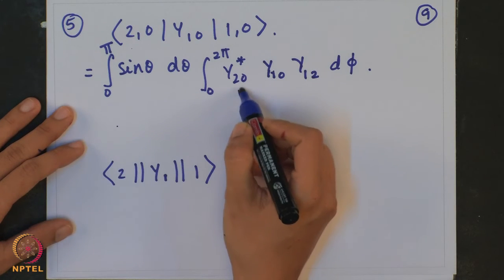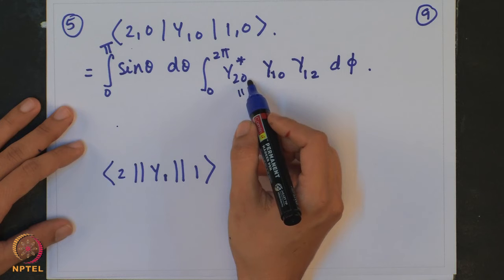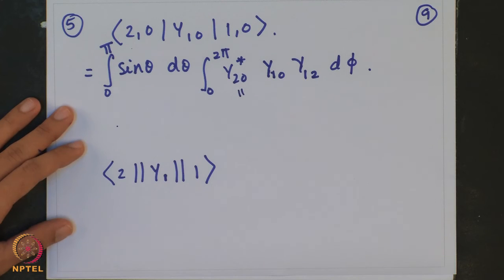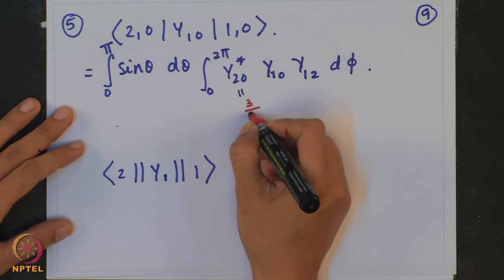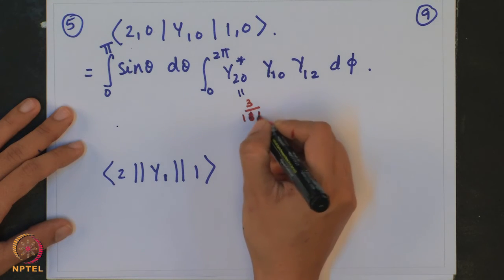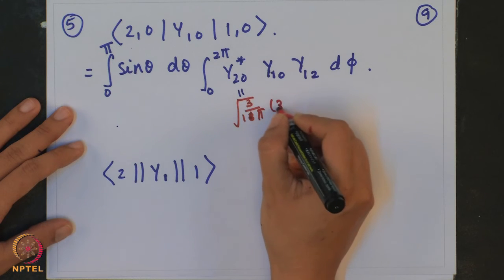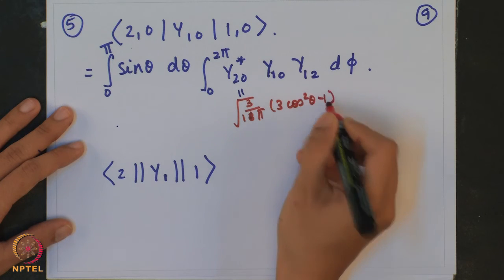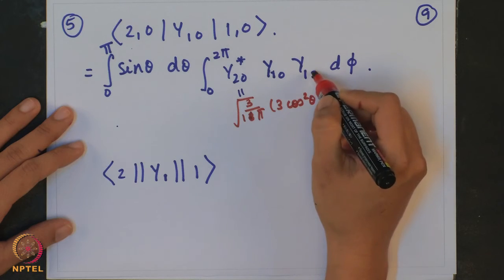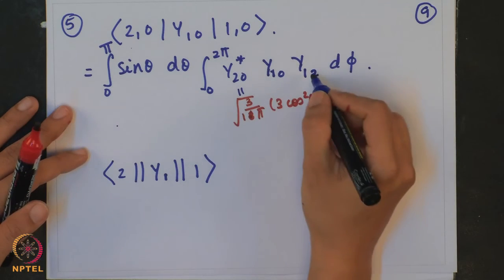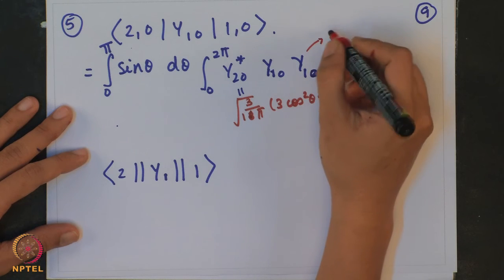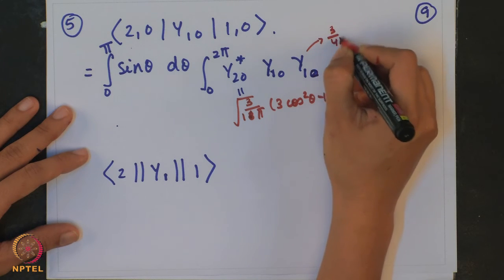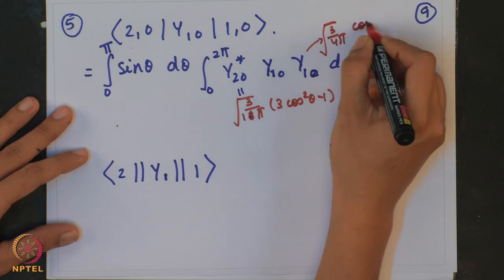These values y 2 0 theta phi can be written, in terms of the angular coordinate, as root of 3 by, I do not remember, I think 16 pi or something, just check this, 3 cos square theta minus 1, and here y 1 0 is I think root of 3 by 4 pi cos theta.